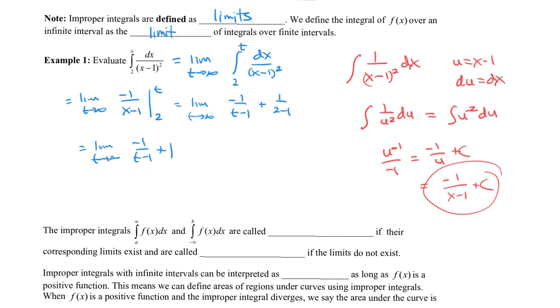We can make this as close to 0 as we want just by letting t get big enough, so we can make this term not even matter. This will basically go to 0. And so we're left with 1, as 1 remains and this goes to 0. So the answer to this is 1.